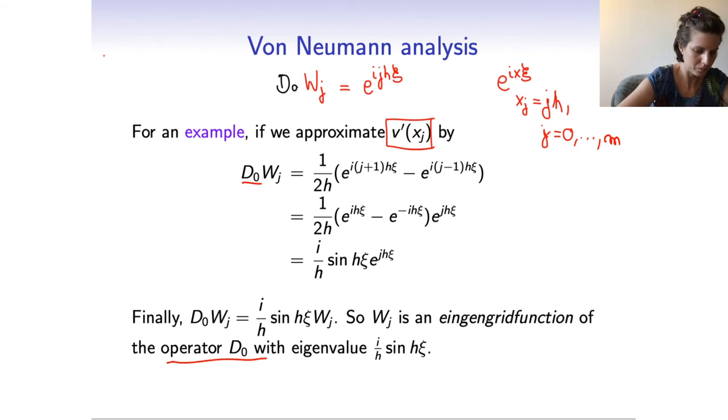So v prime of x_j is approximated by v of x at j plus 1 minus v at x_j minus 1, divided by 2h.